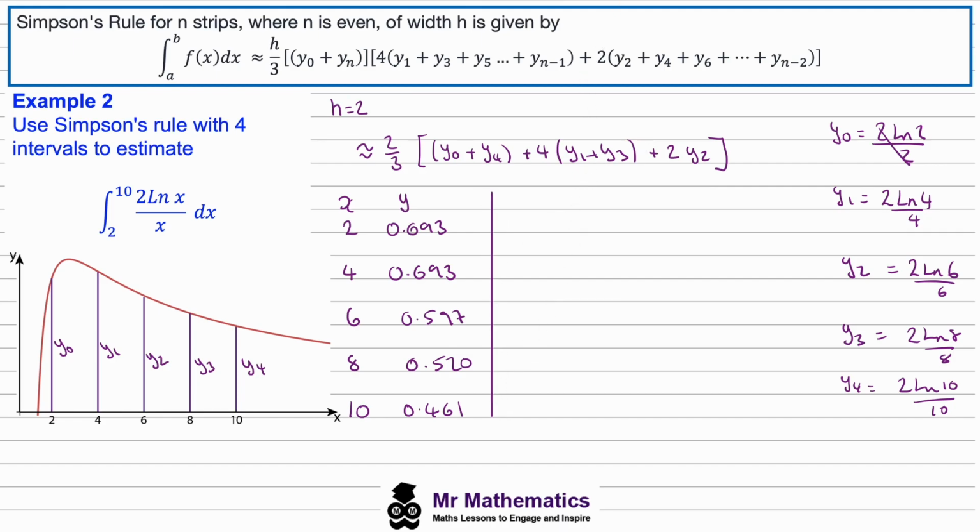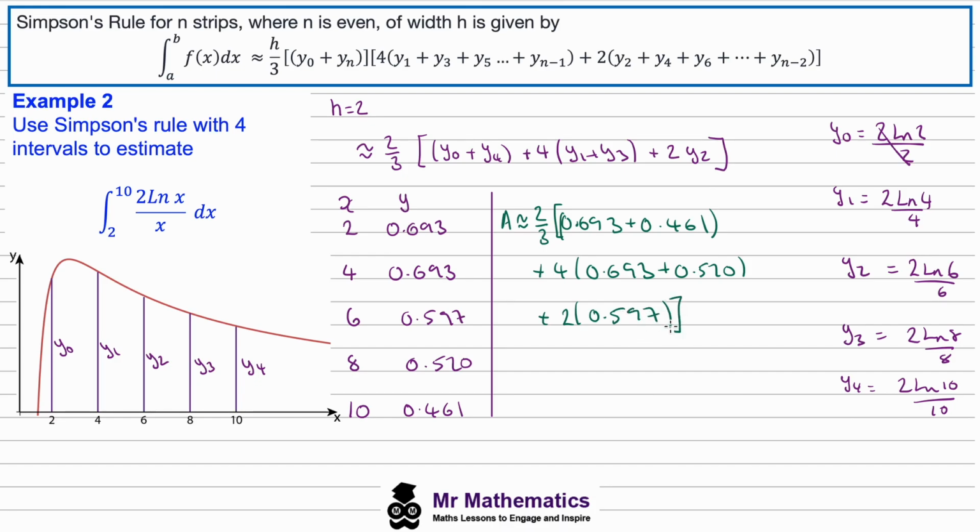So we get the area will be approximately 2/3 lots of y0, 0.693, plus 0.461, plus 4 lots of y1, so again 0.693, plus y3, 0.520, plus 2 lots of our even y's, so 0.597.